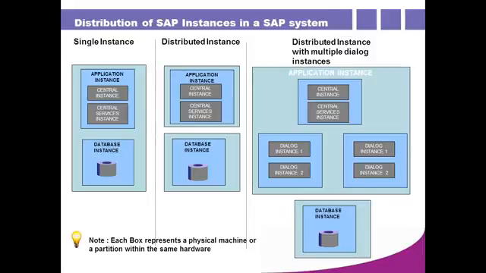Okay, it's all based on your hardware components. If your RAM, CPUs, processors are good, all the 6 instances you can install in a single box. See here, 2 instances installed in a single box. Like that, here 6 instances you can install. It's all based on your hardware only.